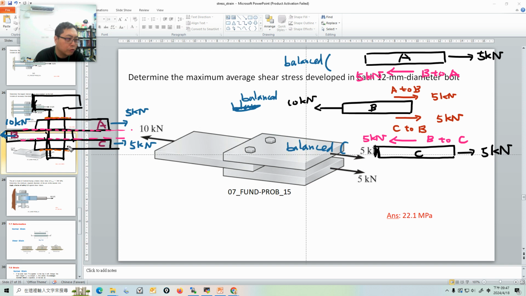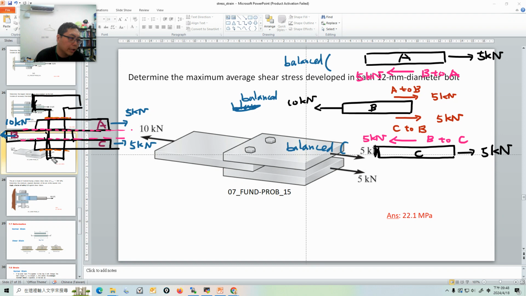Because simply speaking, the shear force only happens on this shear plane. And on these two planes, because there is no external force, I don't think we have to analyze anything.